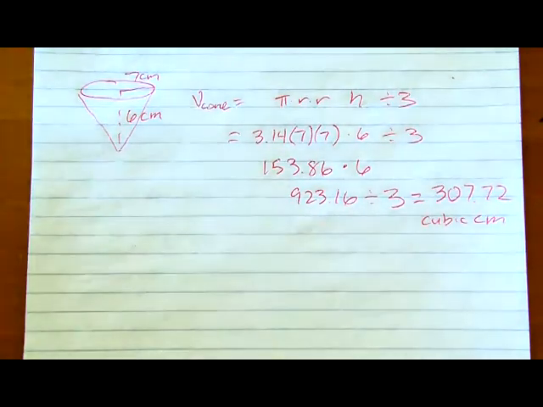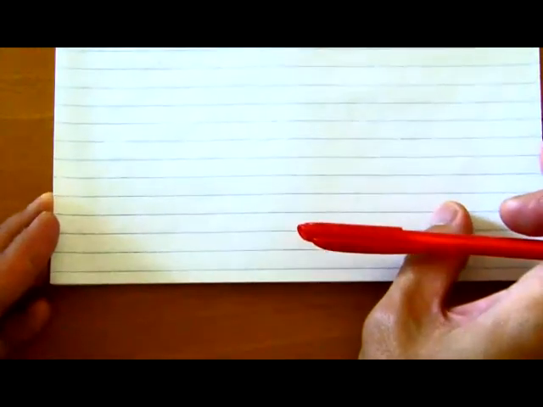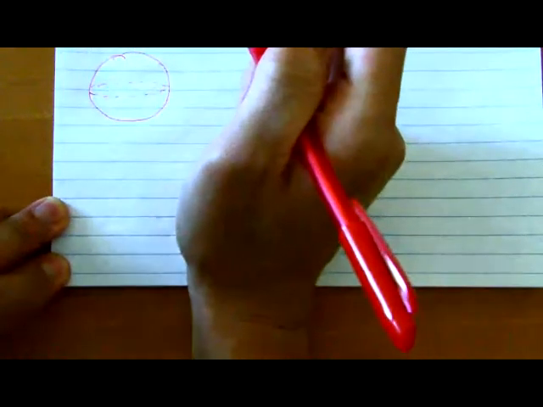Okay, next one. We have a sphere. The radius of the sphere is 18 centimeters.